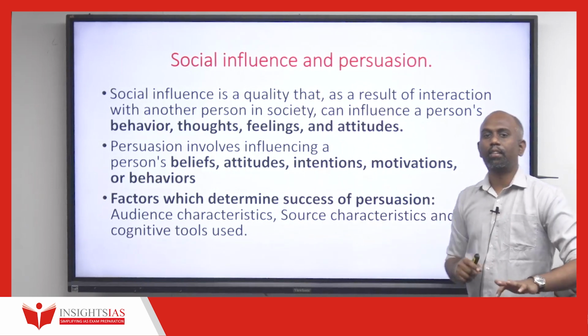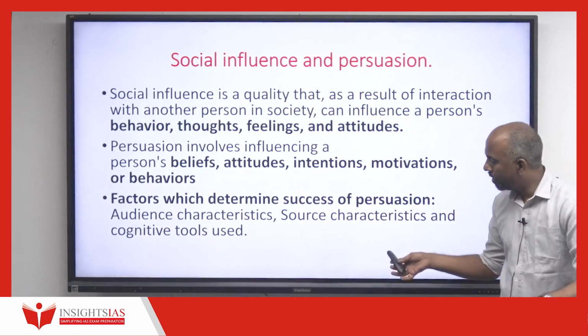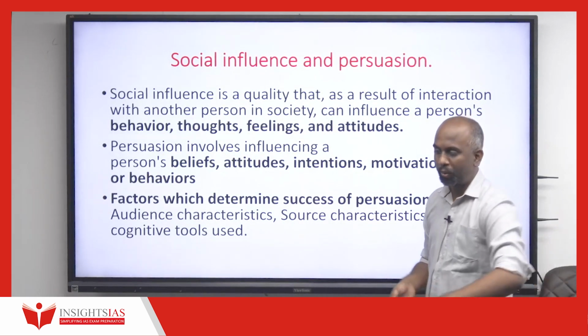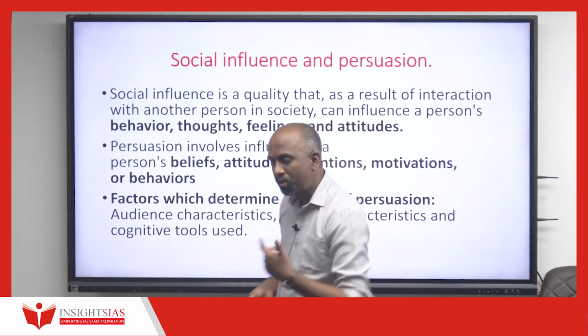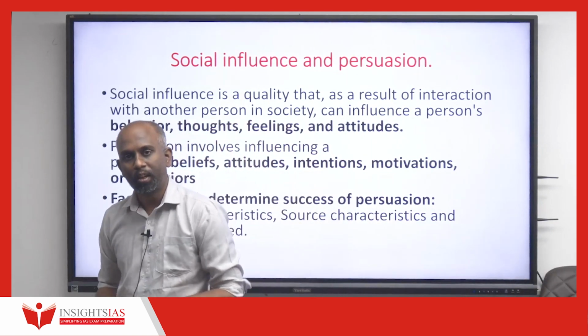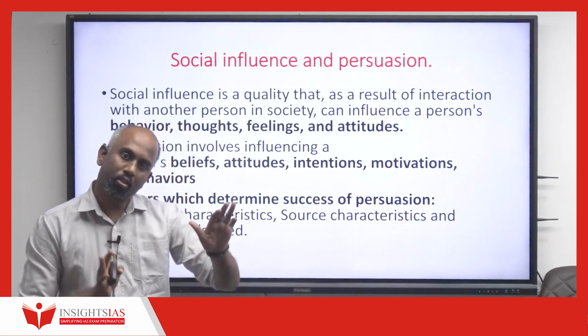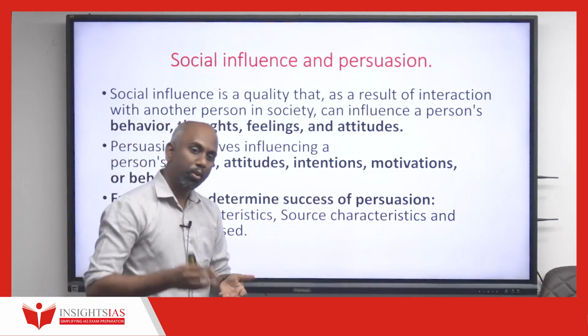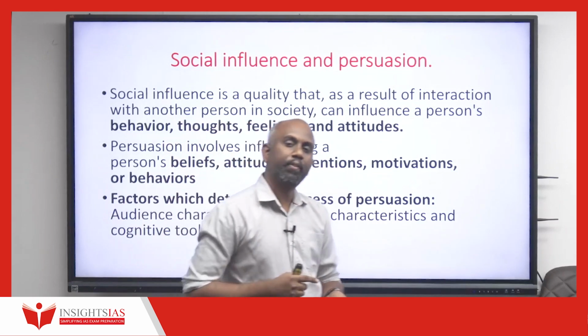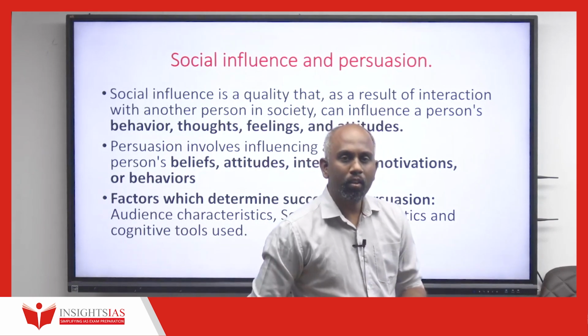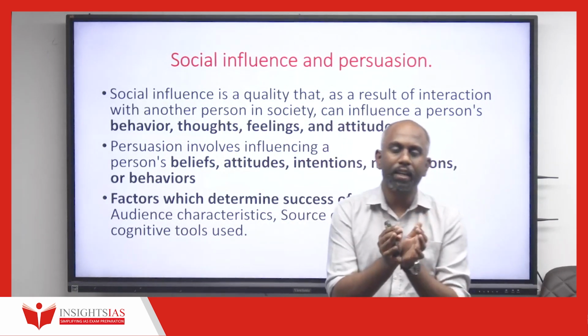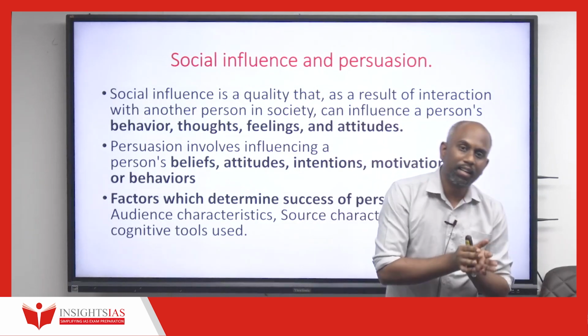Once you understand the audience characteristics, the person who is trying to persuade them should also have certain characteristics of their own. They should be open to active listening. That is one thing. The source should also have high levels of ethics and integrity.